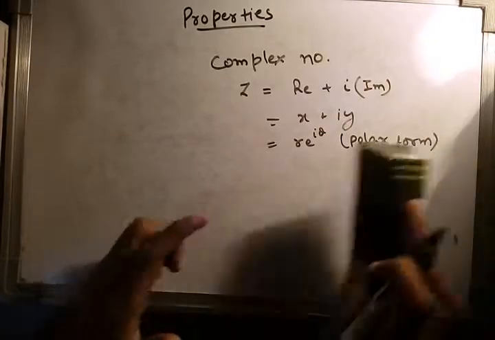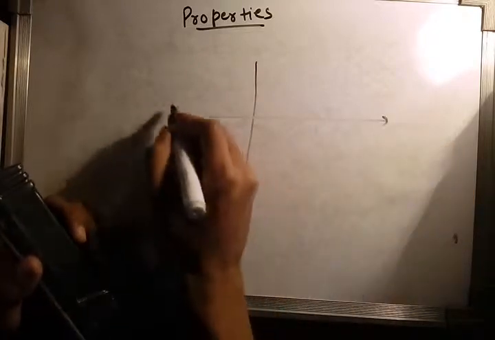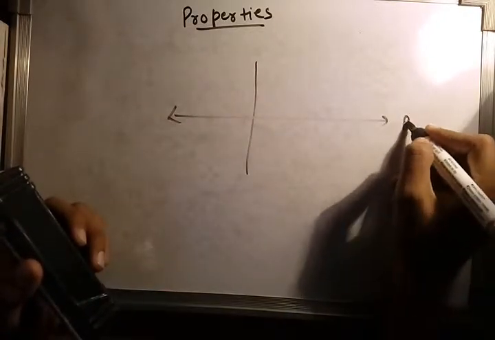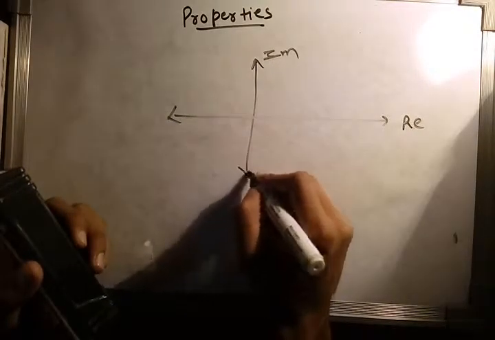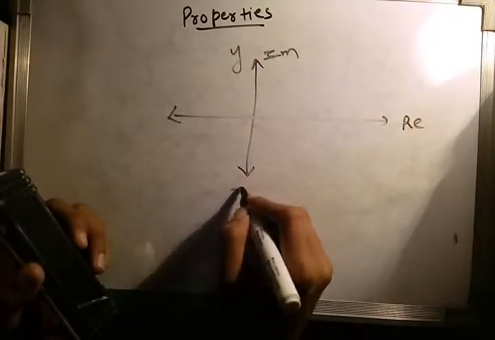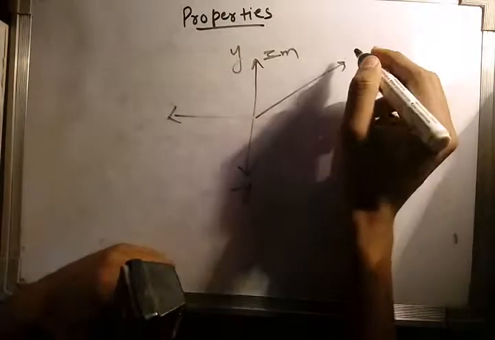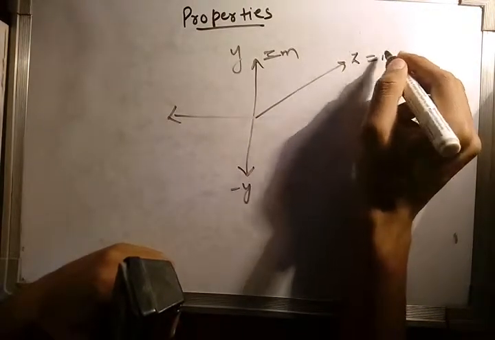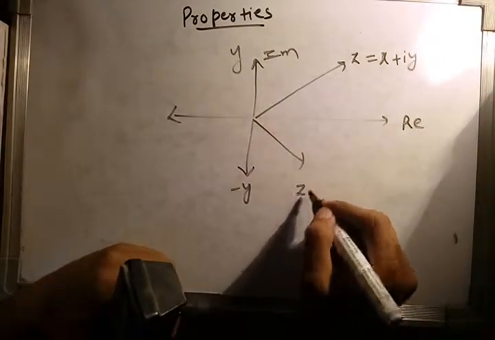So if we are going to draw the graph of a complex number, this is the real part and this is the imaginary part. A complex number is denoted like this, z equal to x plus iota y, and here comes z conjugate.